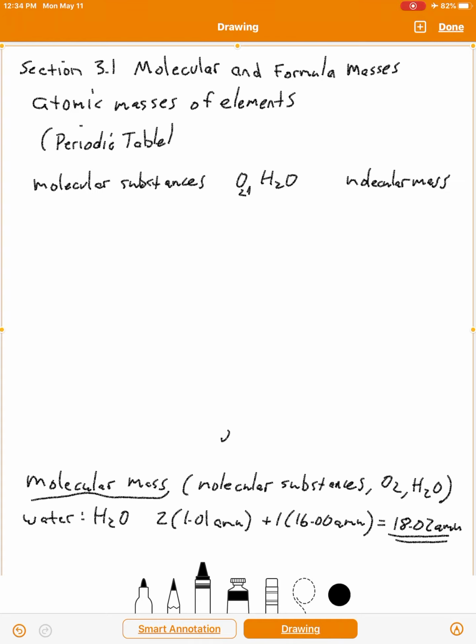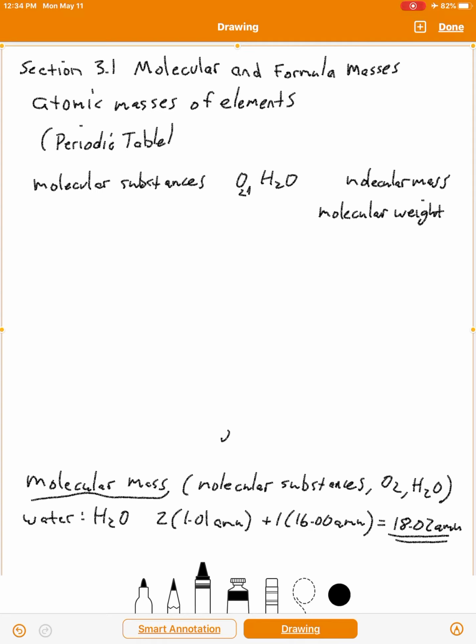There is an older term, but it's still out there and you'll see it in the literature. It's called molecular weight. So if you see that term molecular weight, it means the same thing as molecular mass. It's just an older term that's used.